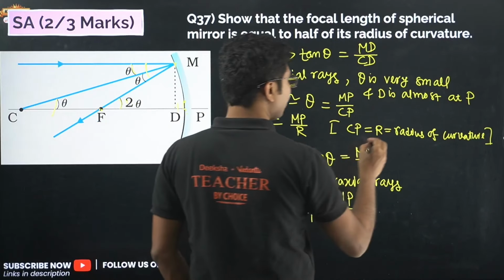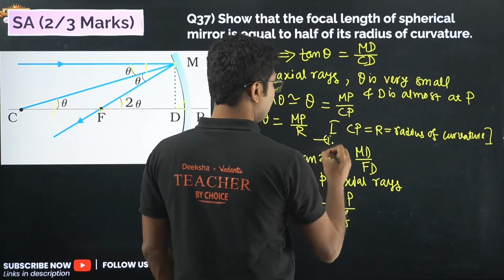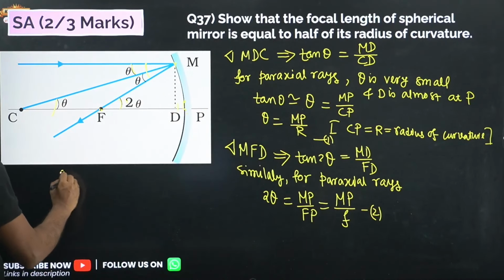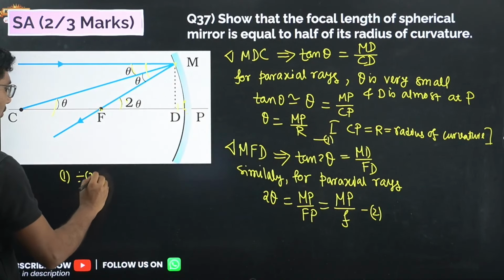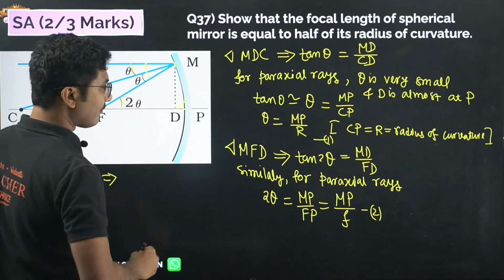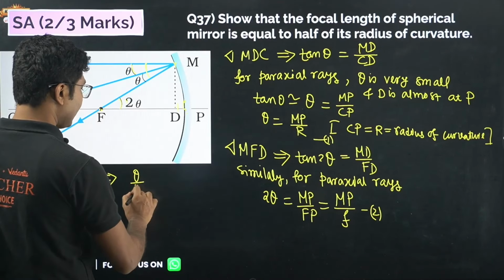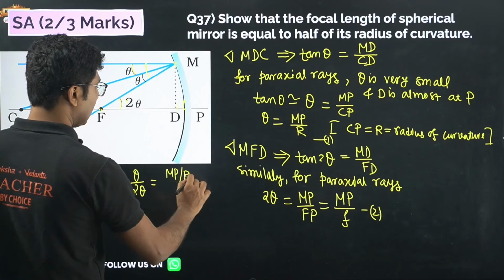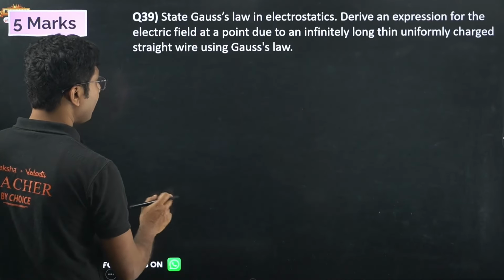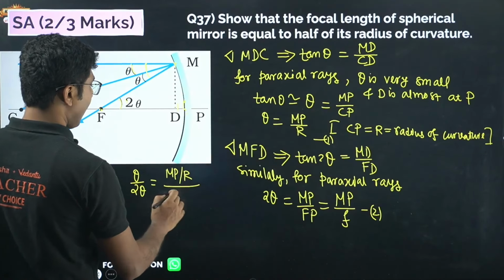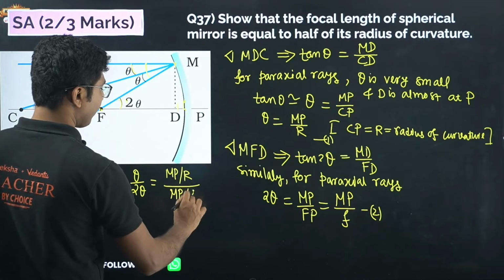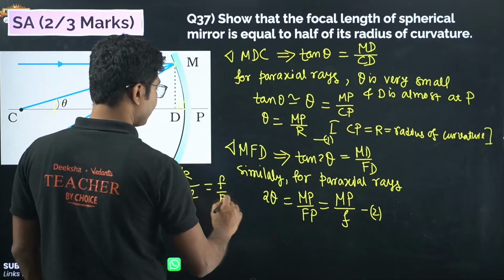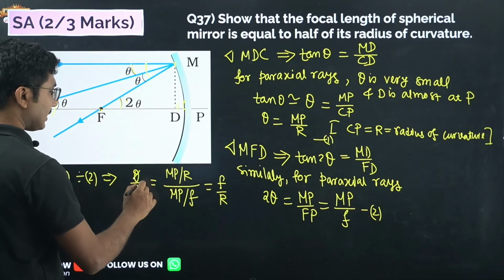Now this was our equation number 1. This is our equation number 2. So if we divide equation number 1 by equation number 2, what will we get? We will get on our left hand side theta divided by 2 theta equals MP by R divided by MP by F. Okay, so F goes up, R comes down, MP cancels, theta cancels.